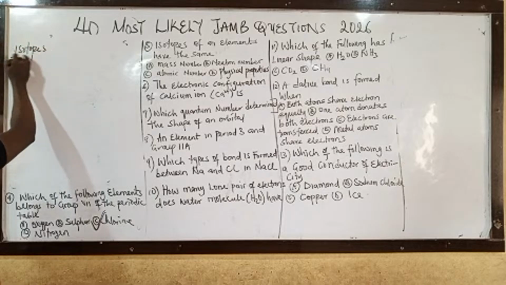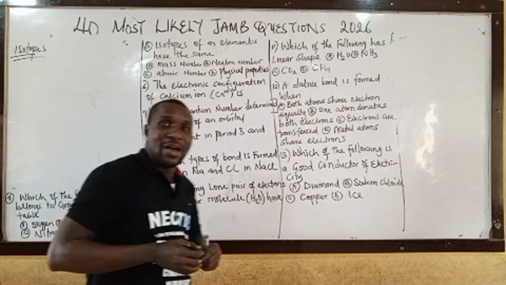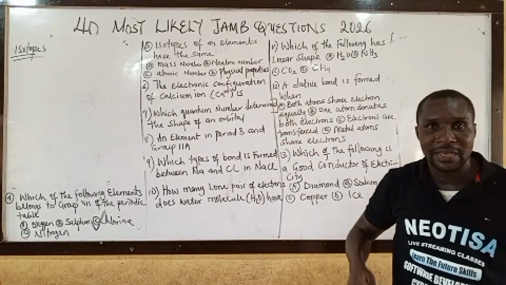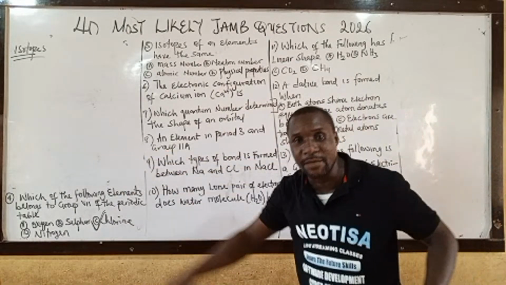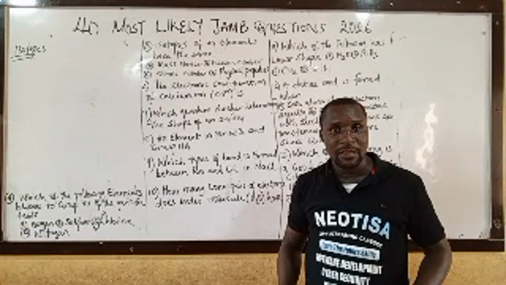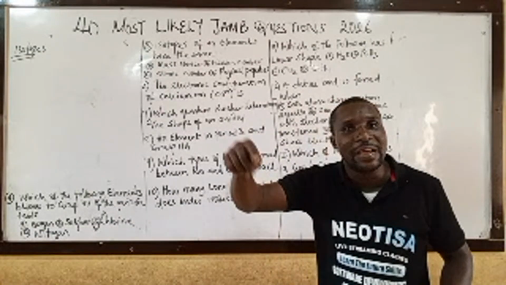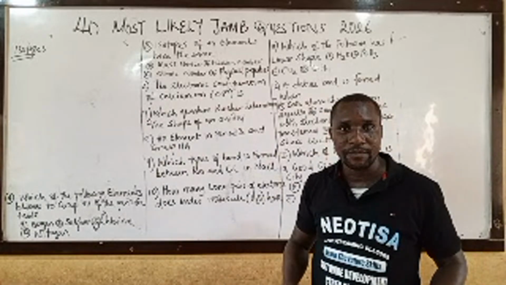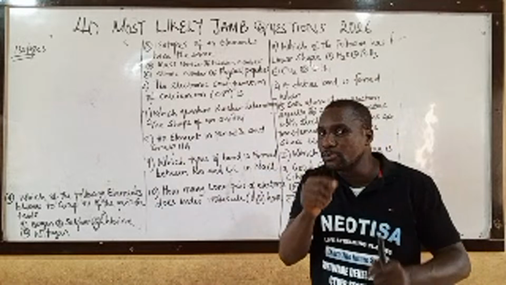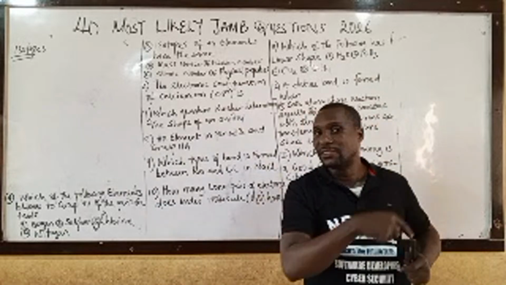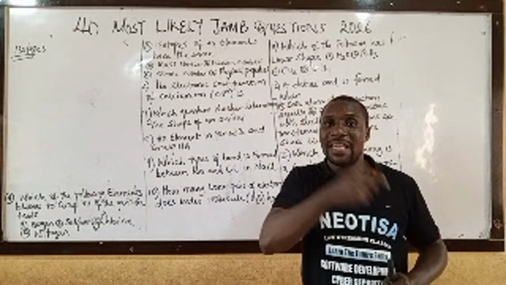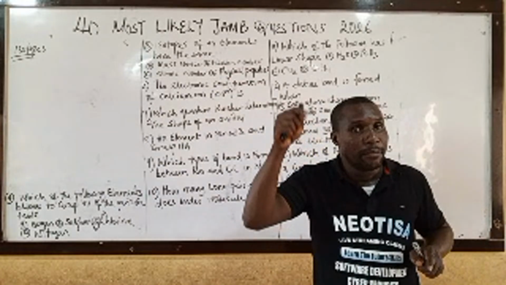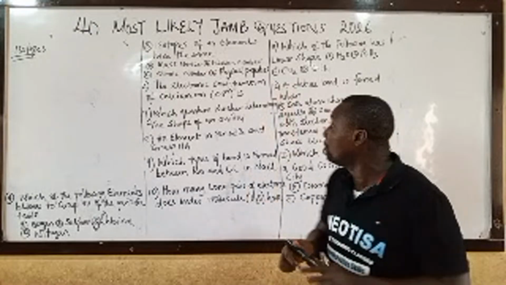Isotopes are atoms of the same element having different mass number, but the same atomic number. Write it down.